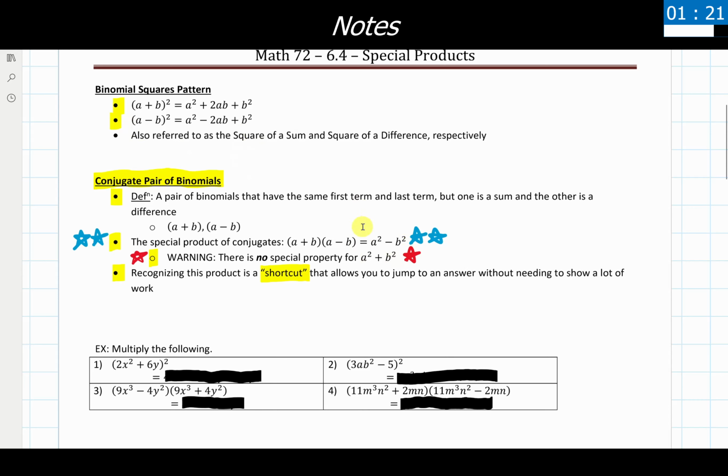This is a very common thing that shows up with factoring, and there's a lot of shortcuts and a lot of time that are saved if we have this memorized. So of the three different shortcuts that we have, I think the special pairs with conjugates, or the conjugate pair I should say, is the main one to have memorized and the shortcut process to go through with that.